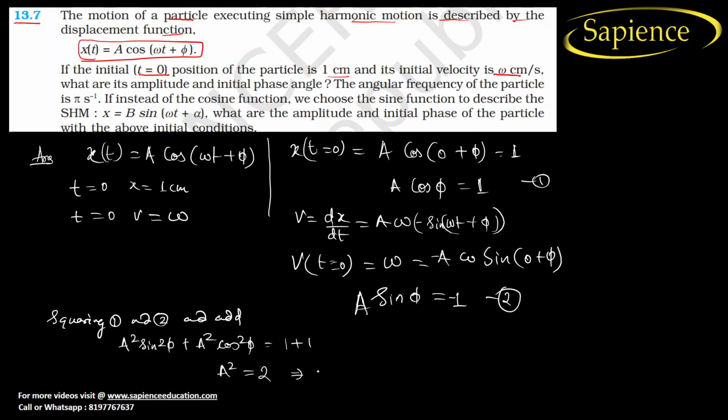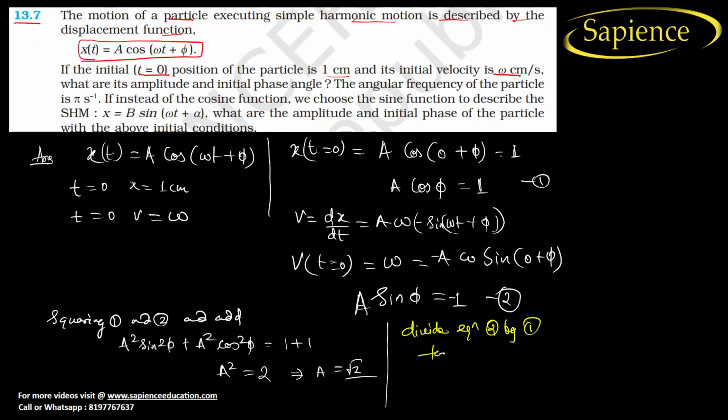So from here we will get A as root 2. So we have got the value of A as the amplitude. Now it is time to find the initial phase angle. So divide equation 2 by 1.